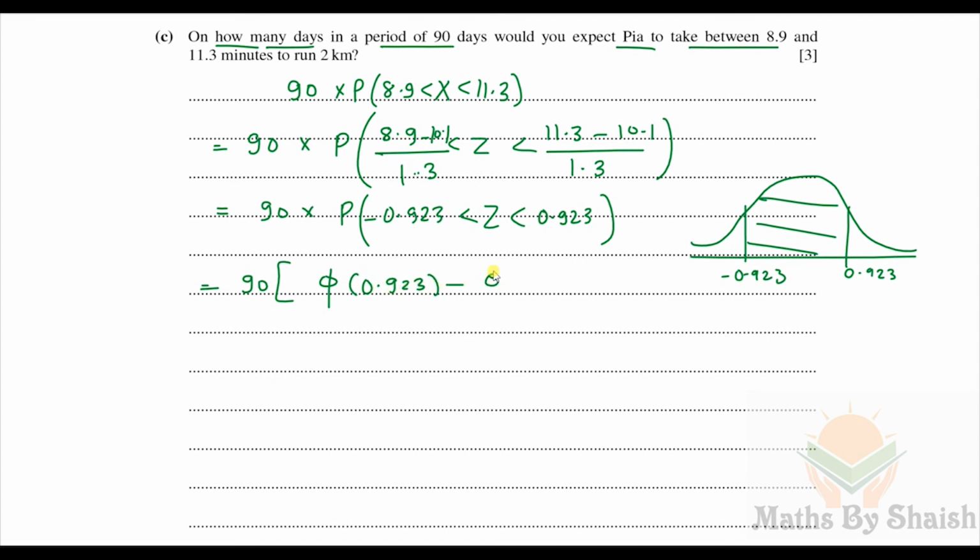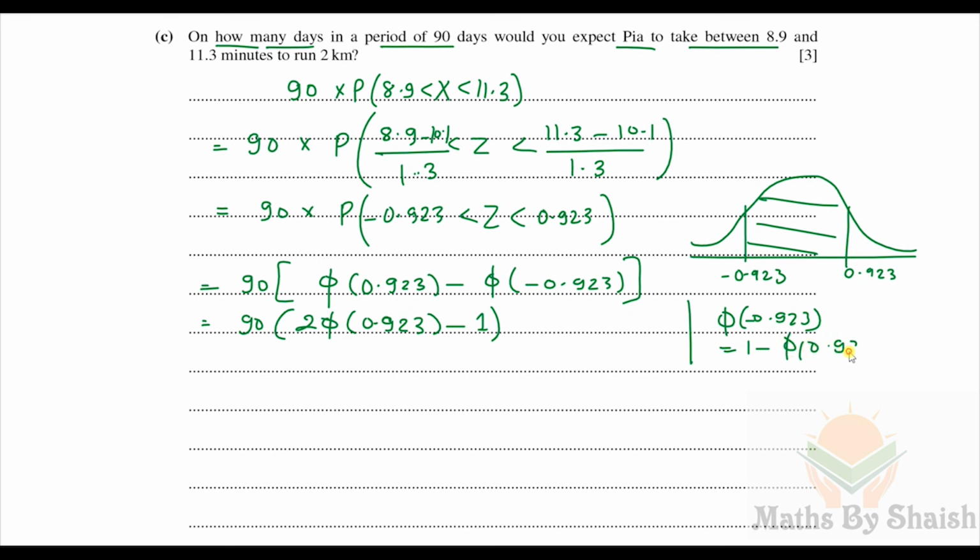And phi of minus 0.923 would be 1 minus phi of this, so it is 90 times 2 times phi of 0.923 minus 1, because we know that phi of minus 0.923 is the same as 1 minus phi of 0.923, so it would be minus minus plus, and 2 times phi of this.